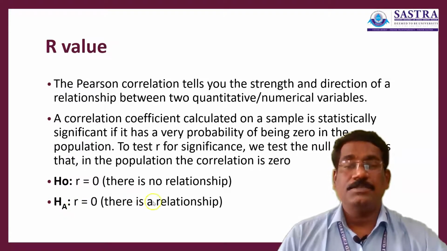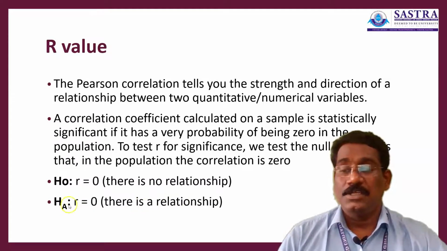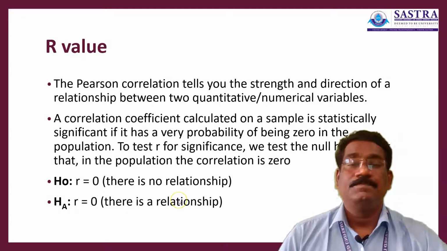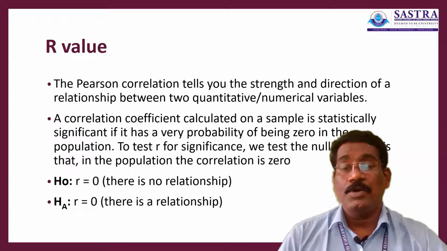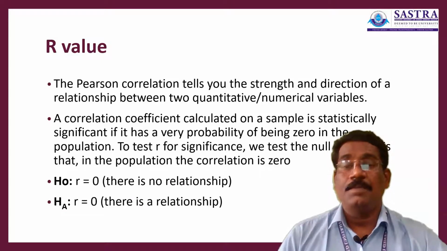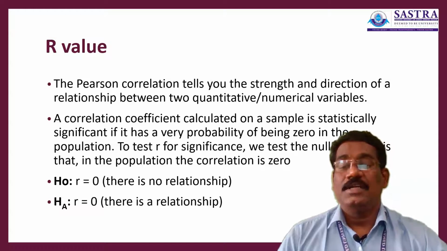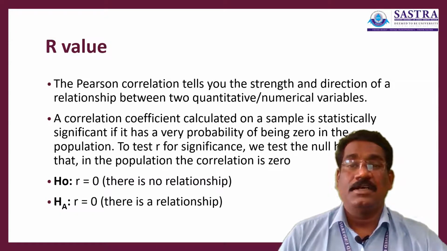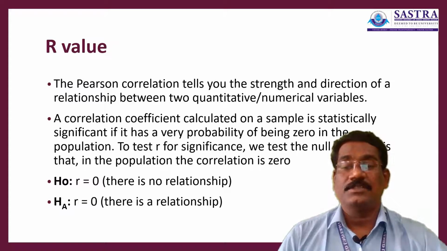And there is a relationship between service quality and customer satisfaction. That is the alternative hypothesis. If the Pearson correlation significance value is below 0.05, we reject the null hypothesis and accept the alternative. So what it infers is that there is a relationship between service quality and customer satisfaction.